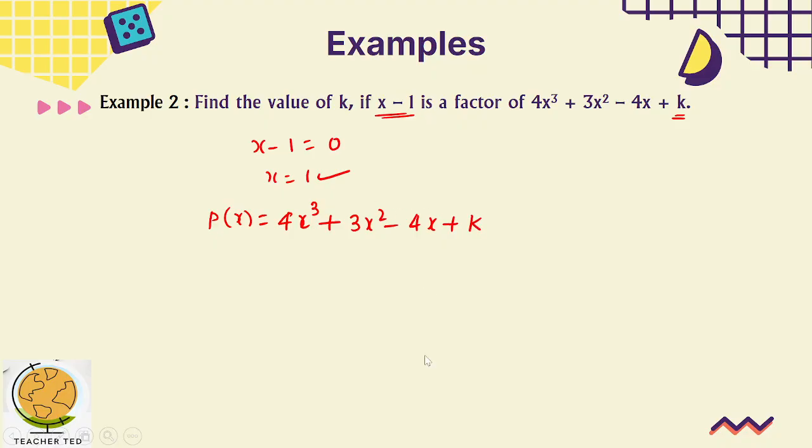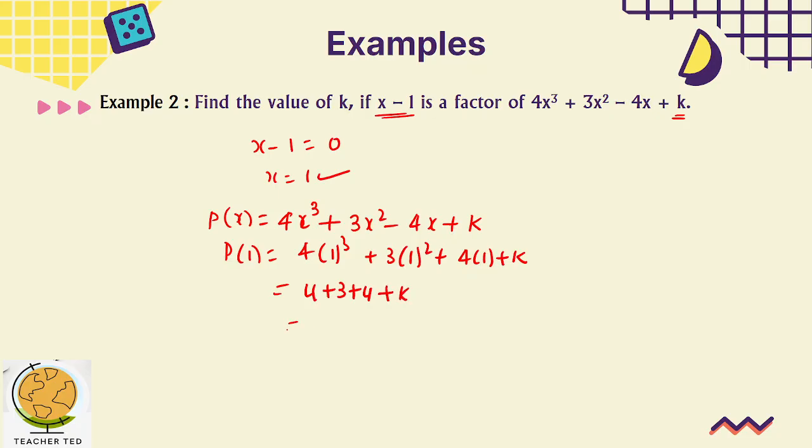So you substitute the value of 1 here, and you need to find the value of k. So first substitute p of 1 here: 4 into 1 cube plus 3 into 1 square minus 4 into 1 plus k. It becomes 4 plus 3 minus 4 plus k. So it becomes 3 plus k.